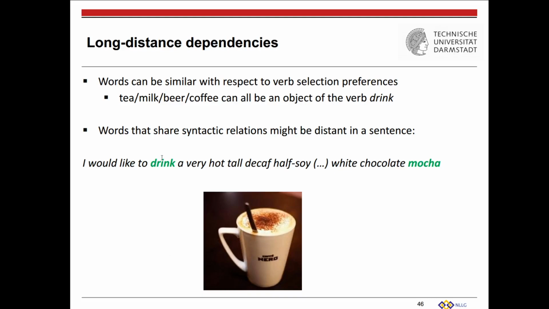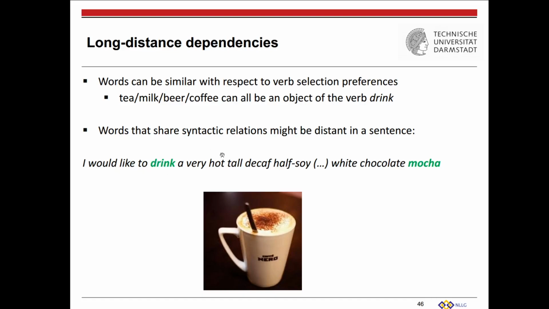One motivation is that sometimes words that are in relation with each other are very far away. In this example sentence, I would like to drink a very hot, tall, decaf, half soy, white chocolate mocha, the words in green, drink and mocha, are the essential part, and there's a lot of stuff in between these two words.